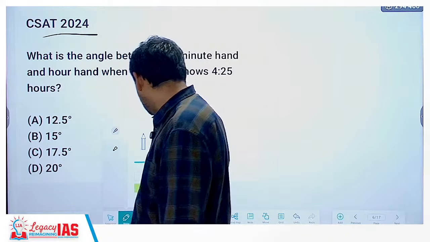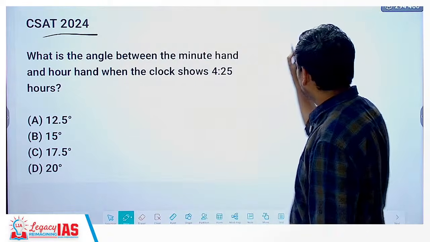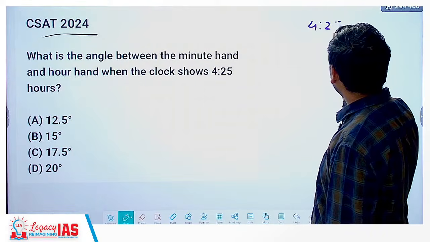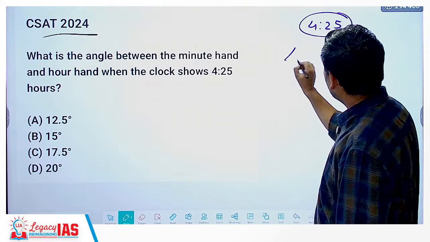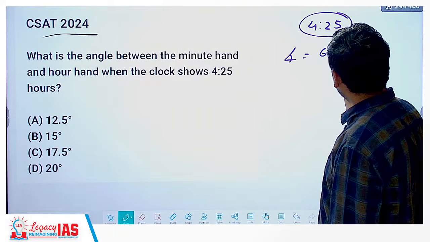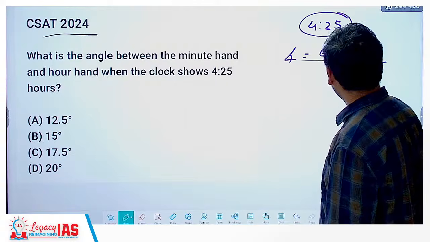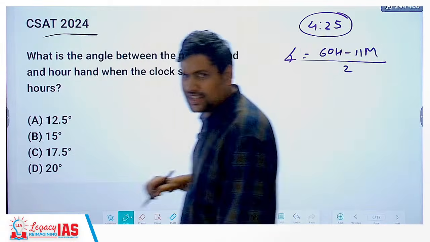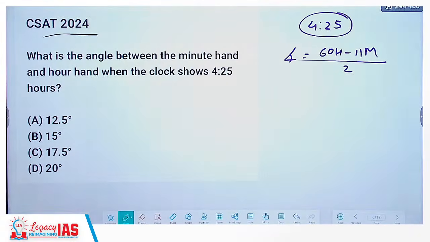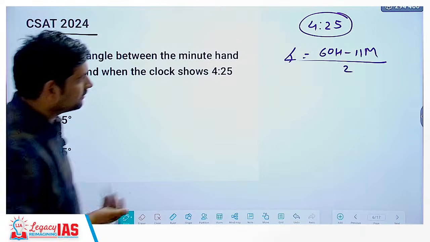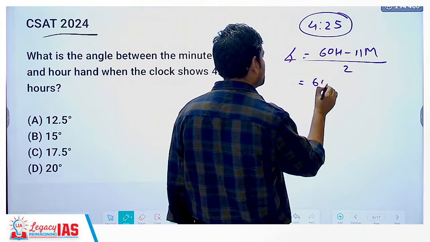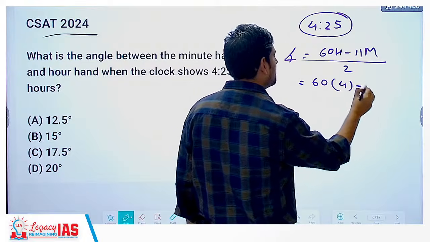Now let's do this. So it says 4:25. This is the time. Angle is what? 60h minus 11m by 2. Correct? Now you just have to put the values and get the answer. So let's put it 60. H is 4 minus 11.